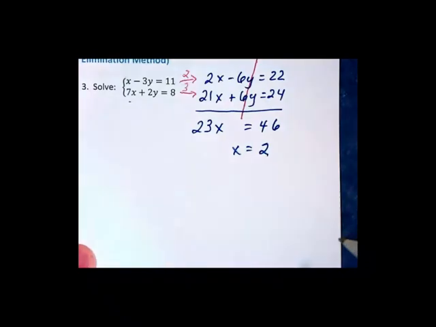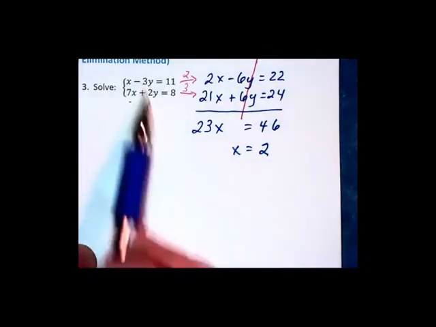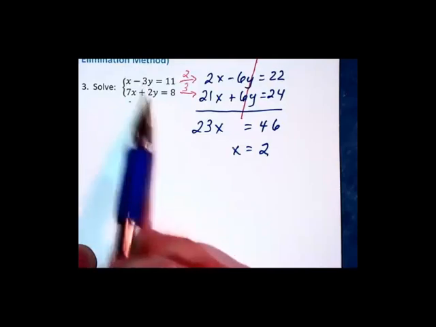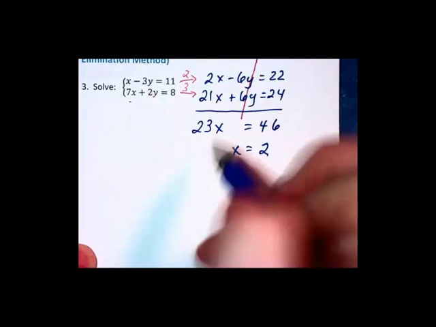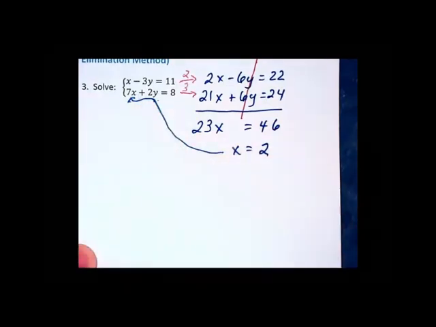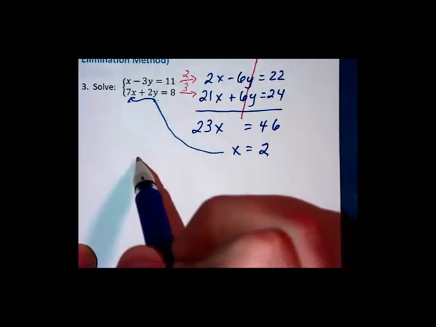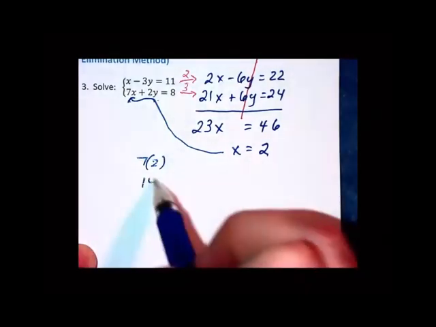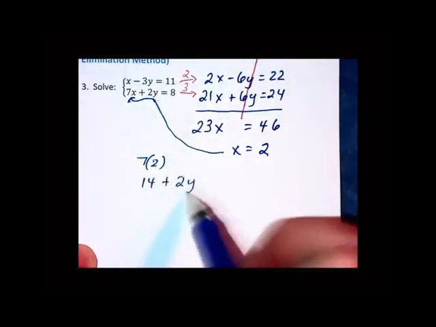Now we need to solve for y, and we can substitute it back into either of the original two equations. This second one has a 2y instead of a negative 3y. I'd like not to have that negative, and it's easiest to draw an arrow right back, whoopsie, to this equation. I want to substitute it in for x, not y. So I'm going to have 7 times that 2, which becomes 14, plus 2y equals 8.